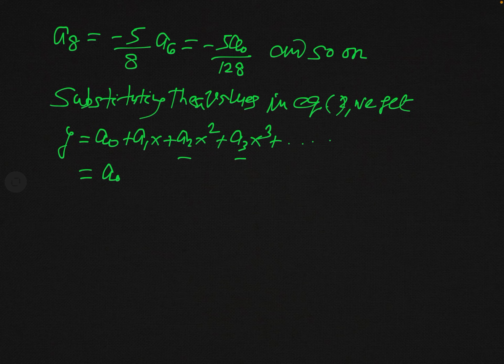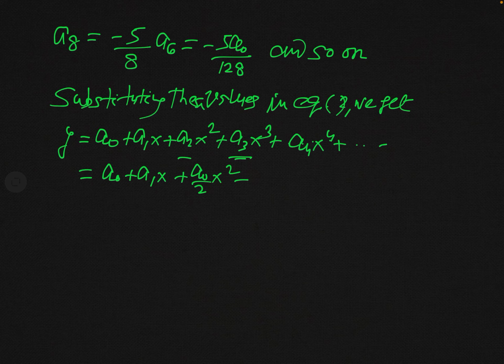So this is a0 plus a1x plus a2, which is a0 by 2, so a0 by 2 x square, and a3 you have found to be 0, so this term will vanish. Now we will write a4x4 and so on.